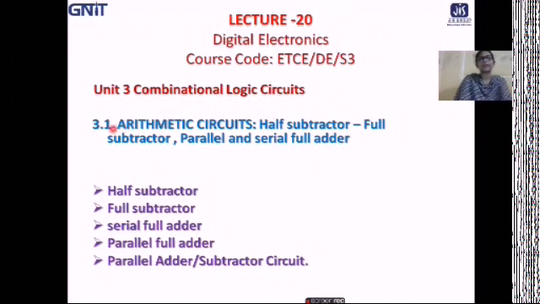And we are studying sub-unit, that is arithmetic circuits, and in today's lecture we are going to study half subtractor, full subtractor and parallel and serial full adders. So here basically we will be studying half subtractor, full subtractor, serial full adder, parallel full adder and the parallel adder and subtractor circuits. These are in short the lecture plan of this particular lecture number 20.